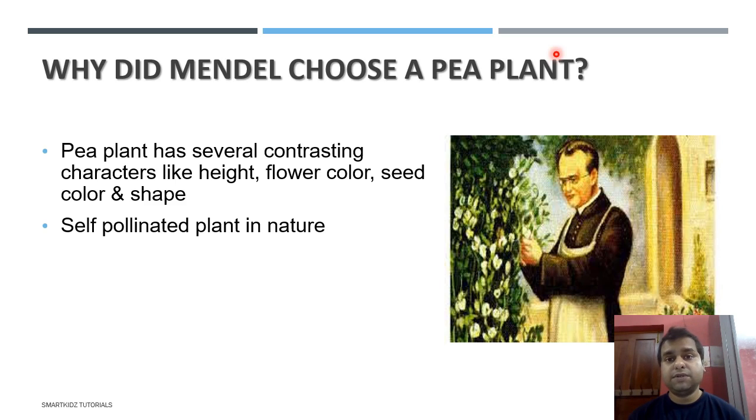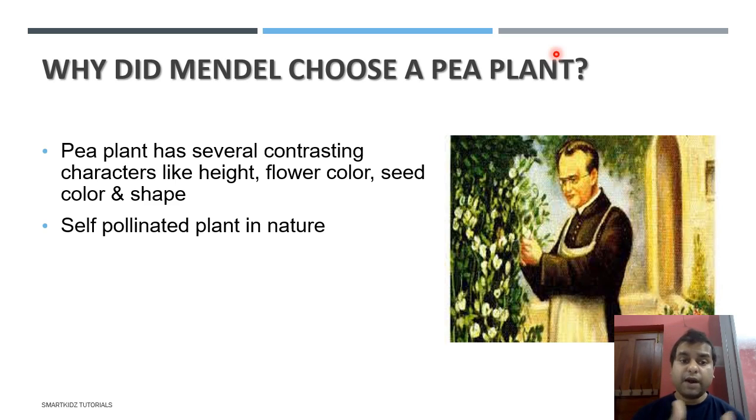What he did was he first carried out a cross-pollination wherein he artificially got the male gamete or male germ cell from one plant and transferred it to the female part of another plant. That was cross-pollination. And later on, he allowed self-pollination also to occur.